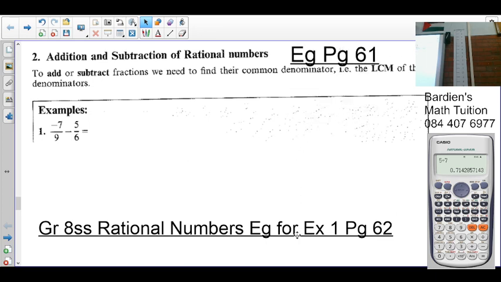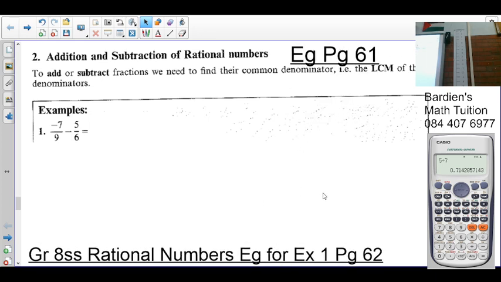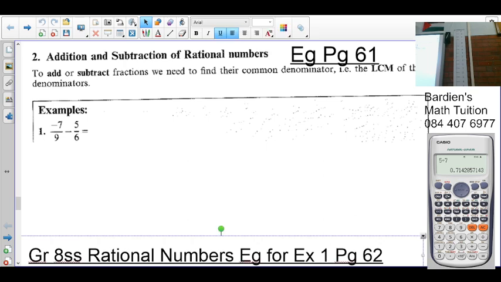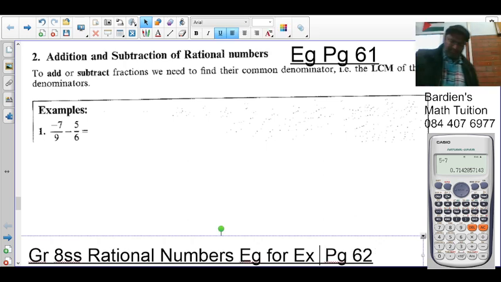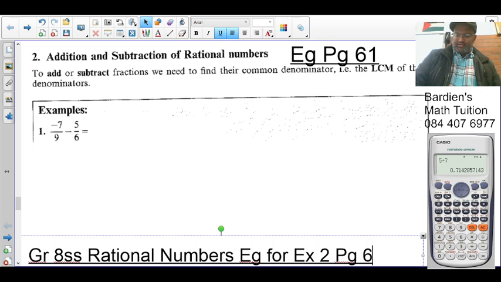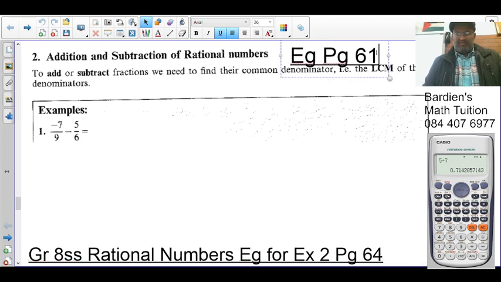This is the examples for exercise 2. And exercise 2 is on page 64. And the examples are also on page 64.